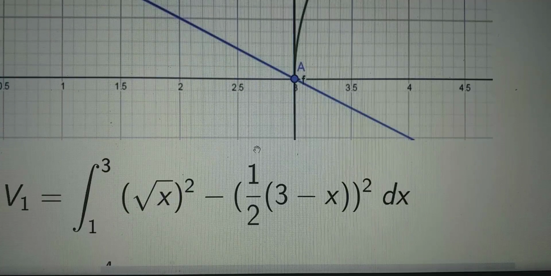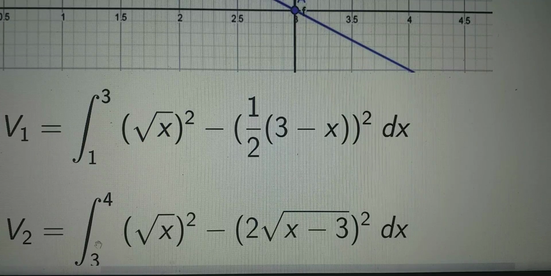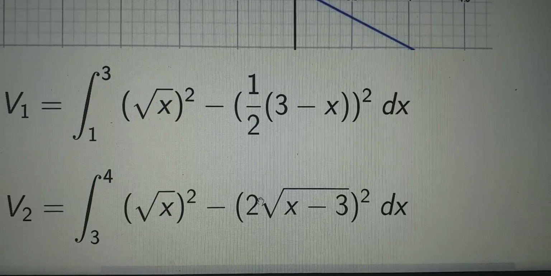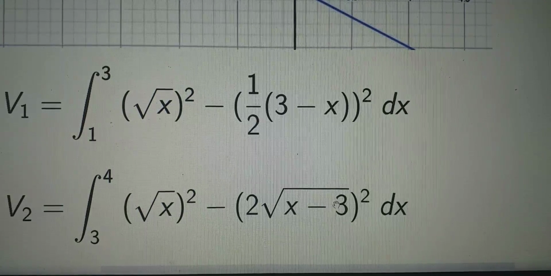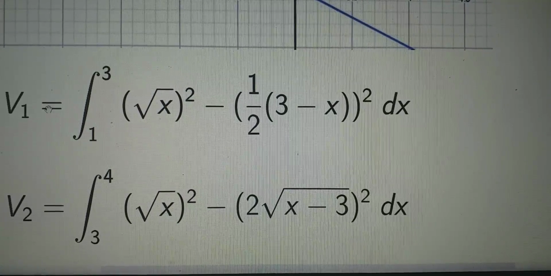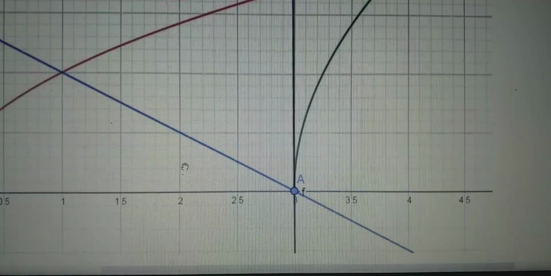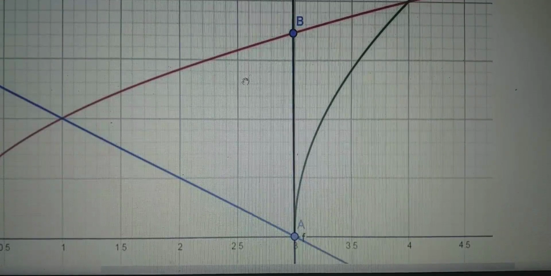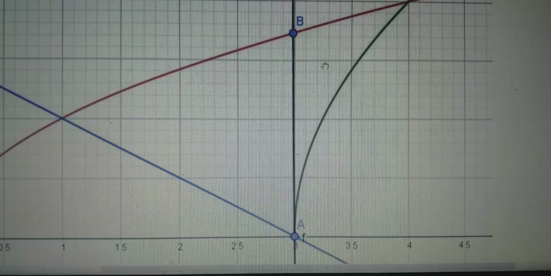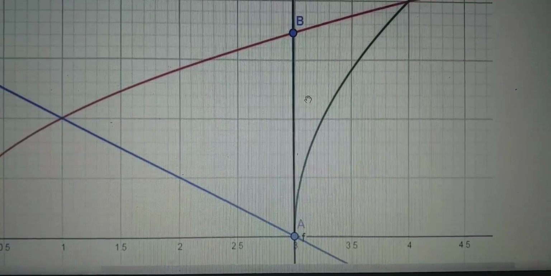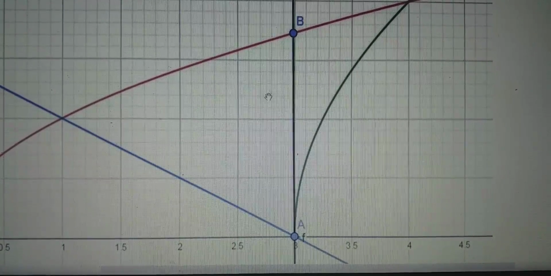So the second volume is pi times the integral from 3 to 4 of square root of x squared minus (2 times square root of x minus 3) squared. Then we have the volume of the first part and the volume of the second part, and for the total volume we sum these two volumes. Maybe you can also use the cylindrical shell method with a trick. Okay, thank you.